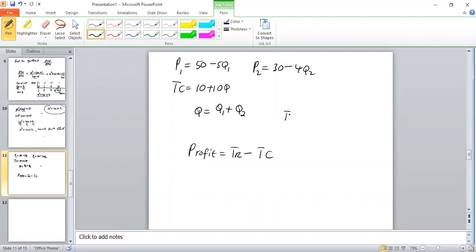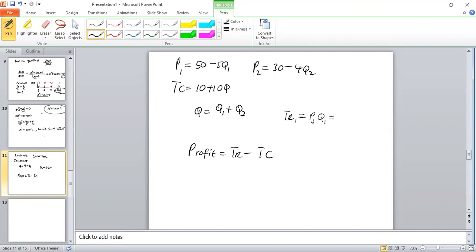So total revenue one is going to be price one times quantity one.